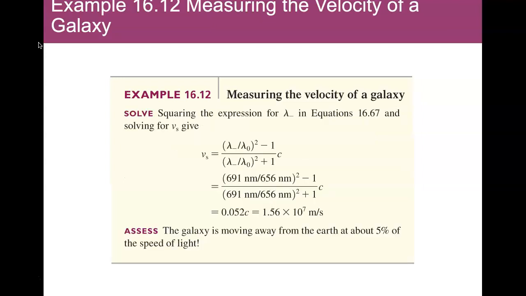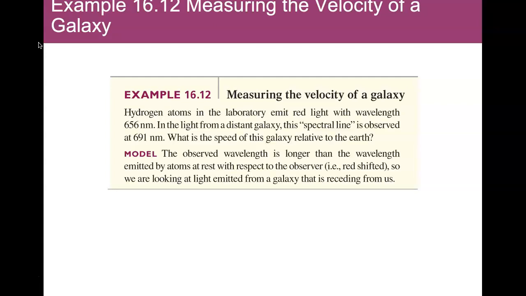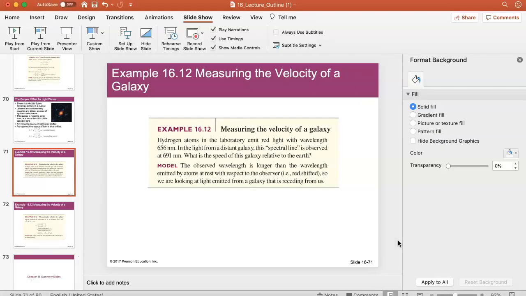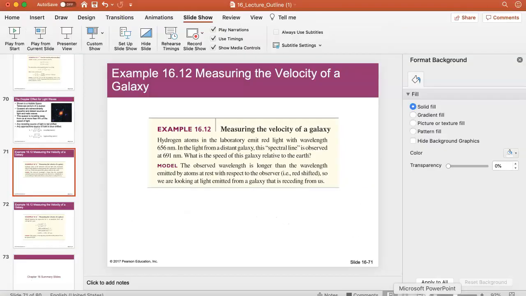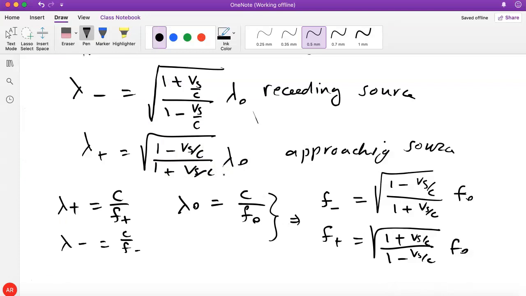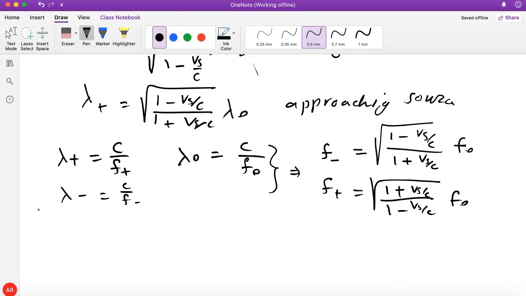Now, let's just solve for it. We just want to use our equation and solve for Vs. It's for a source that's moving away. Let's see, it was example 16.12.